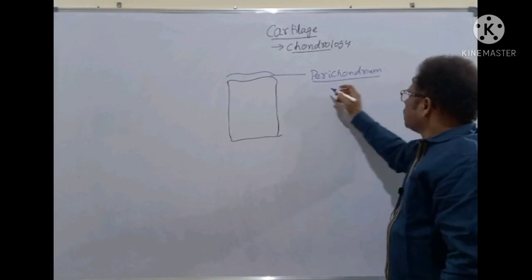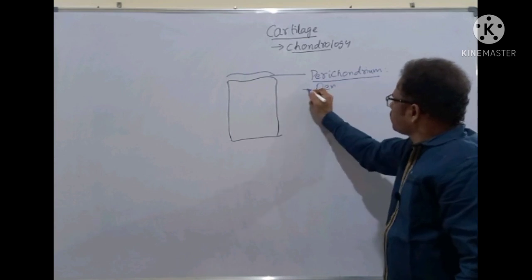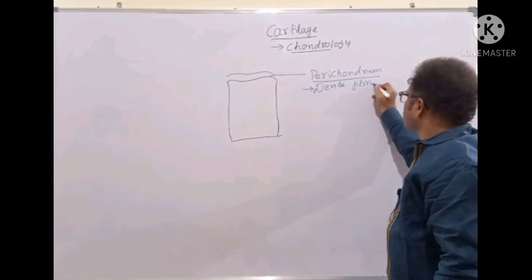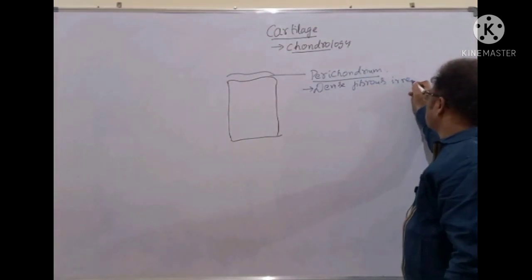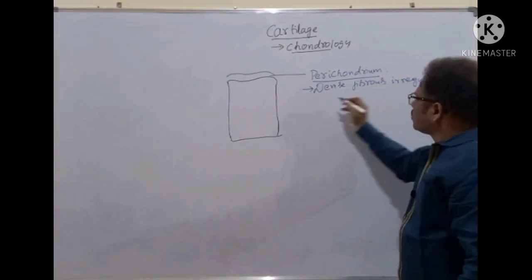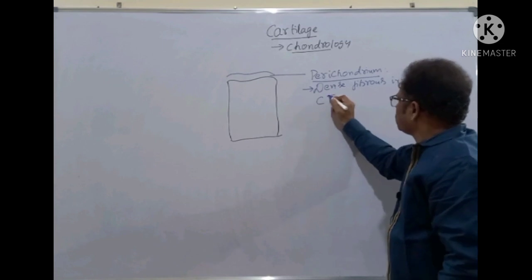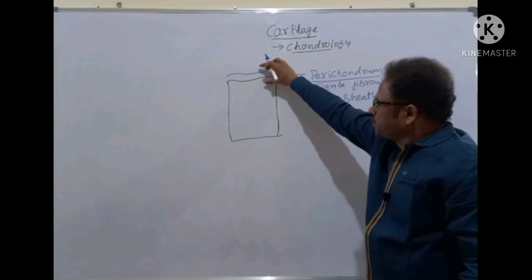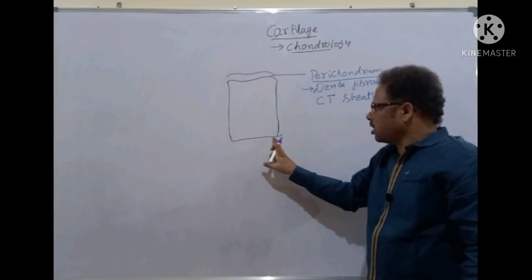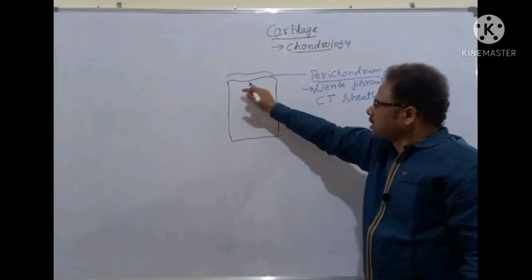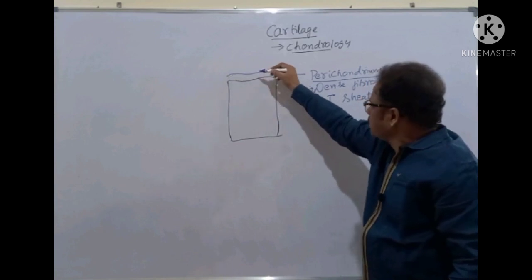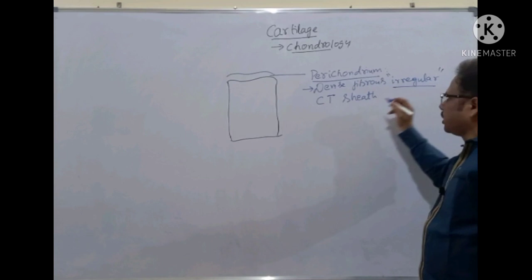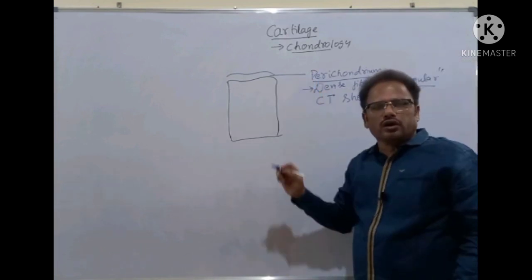Perichondrium is the dense fibrous irregular connective tissue sheath. This is a sheath-like structure which is covering the cartilage. This is the cartilage, and it is surrounded by the dense fibrous irregular connective tissue sheath. Note down this point.